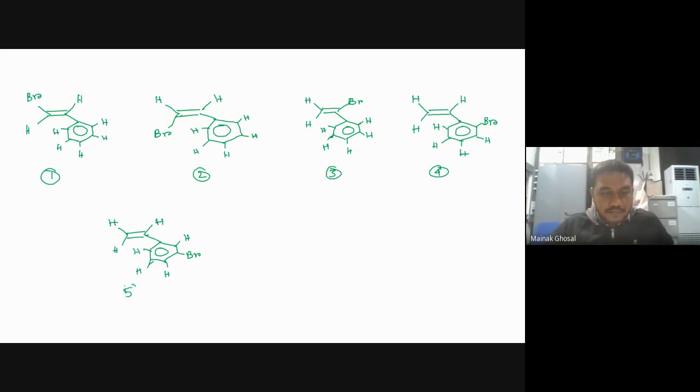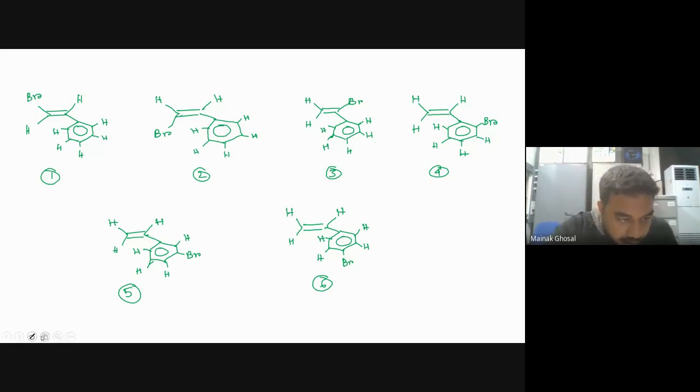This is 5 and 6. Finally, I have drawn all the 6 possible isomers, which you just need to match with your NMR data. So now I just need to count how many different protons there are.